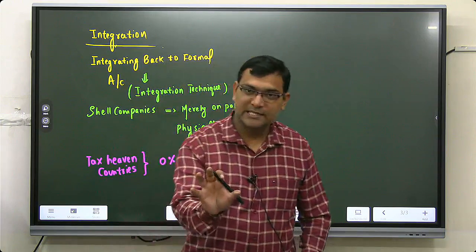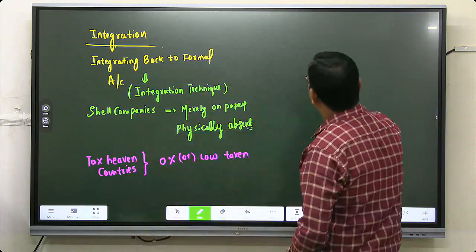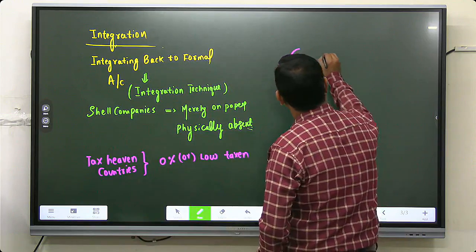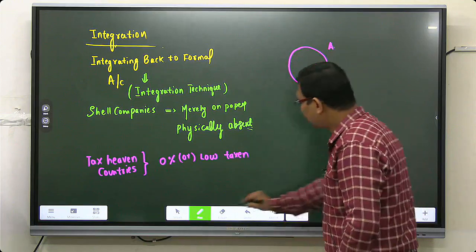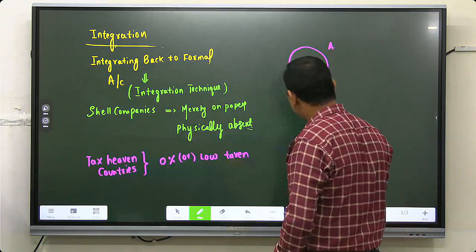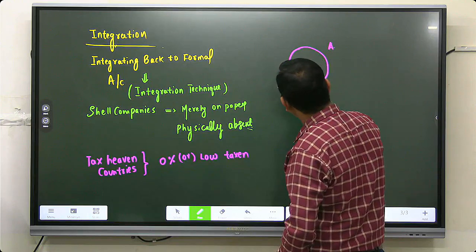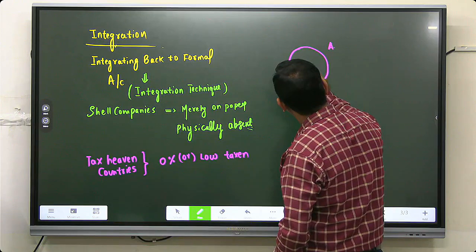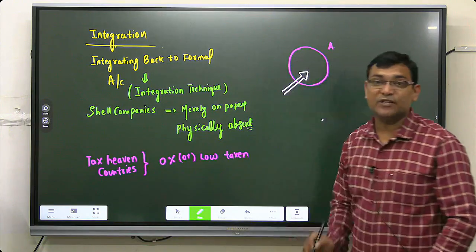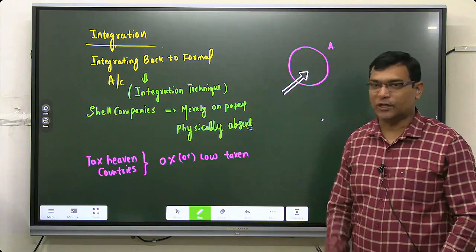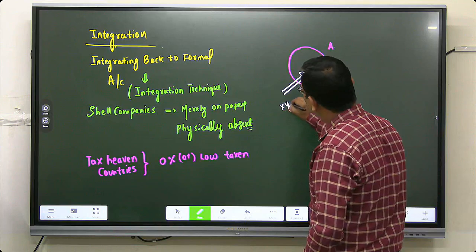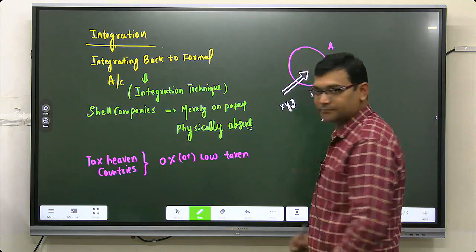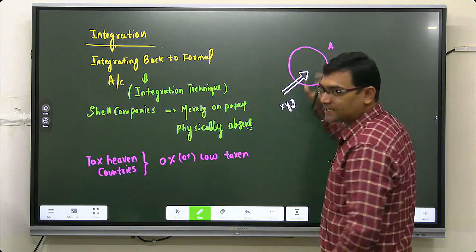The countries, like for example, this is your country, country A. In this country there is investment from another country. Some XYZ company is investing in country A, which is a tax haven country.